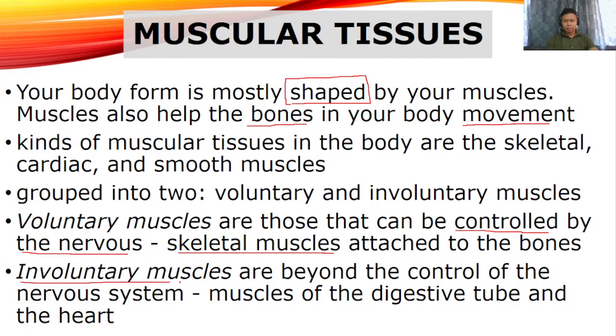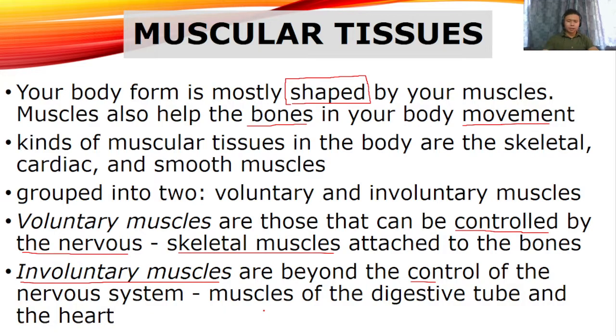Involuntary muscles are beyond the control of the nervous system. The muscles of the digestive tube and the heart keep on working, either we are awake or sleeping, still they are continuously working.